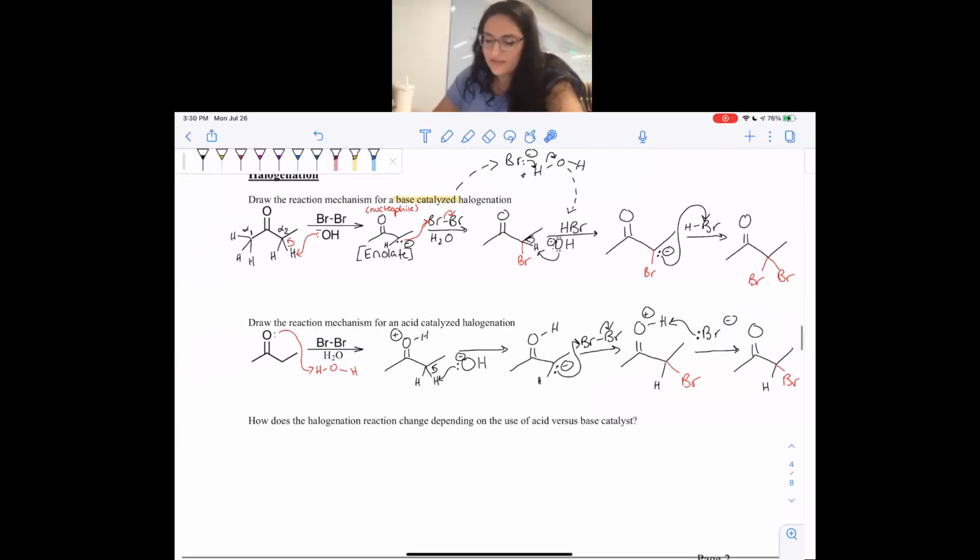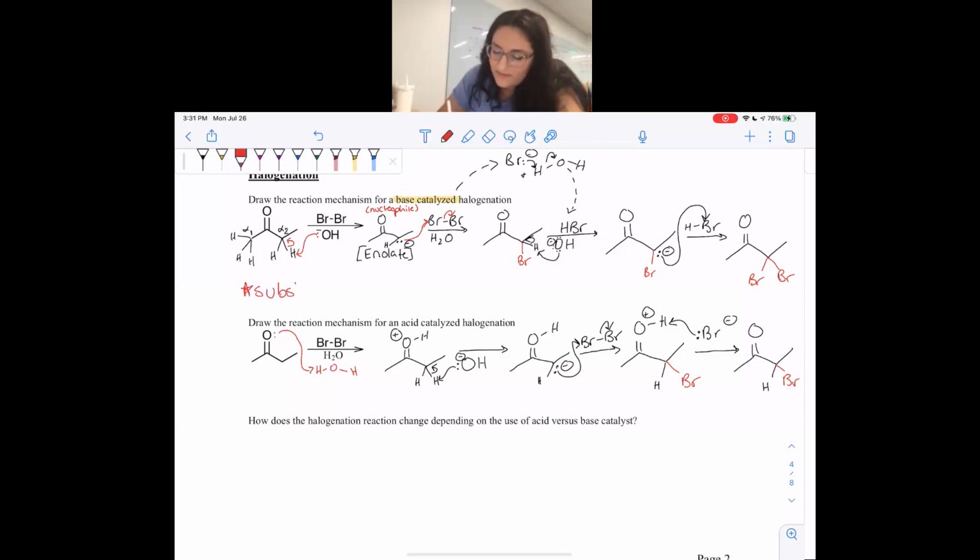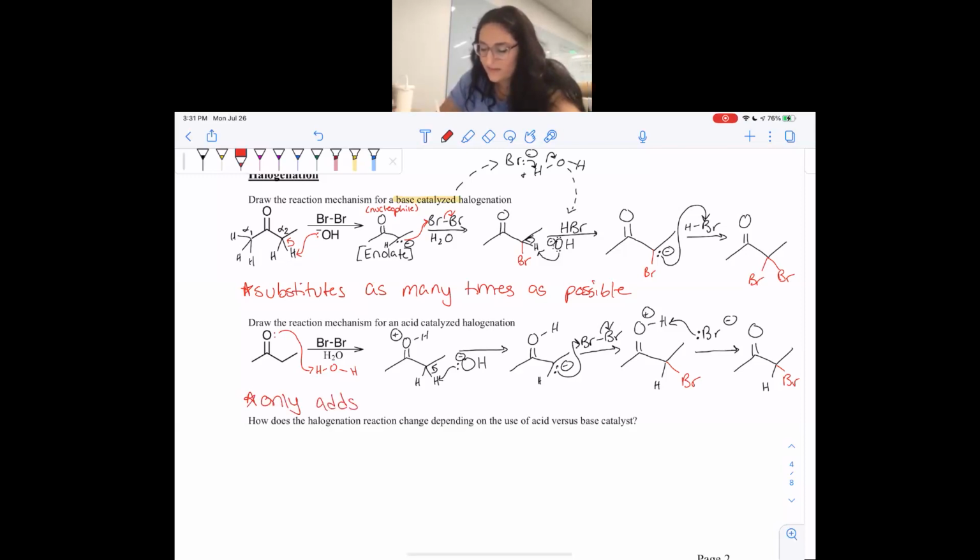So the difference here is the base catalyst substitutes as many times as possible, whereas the acid catalyst only adds 1 Br.